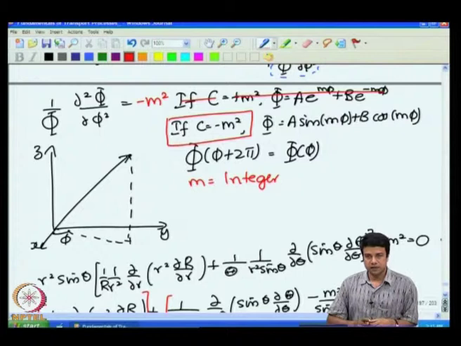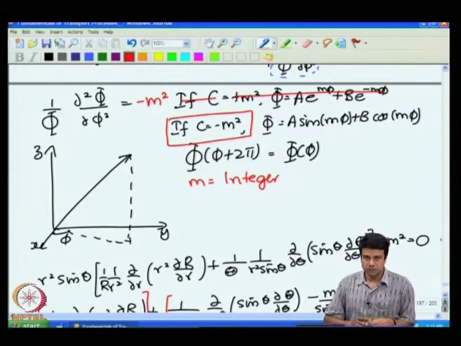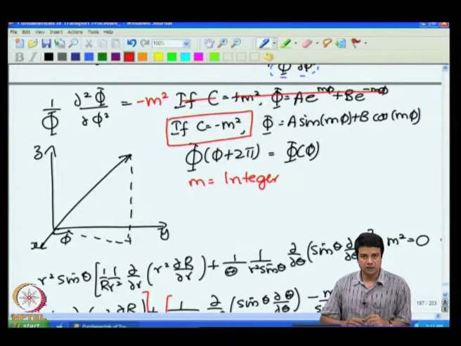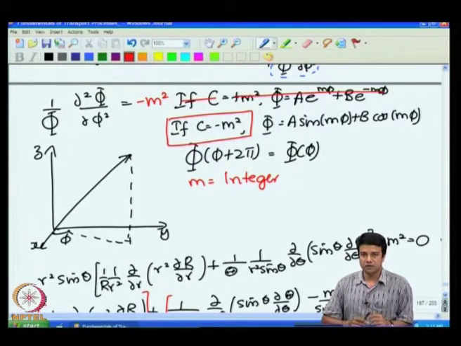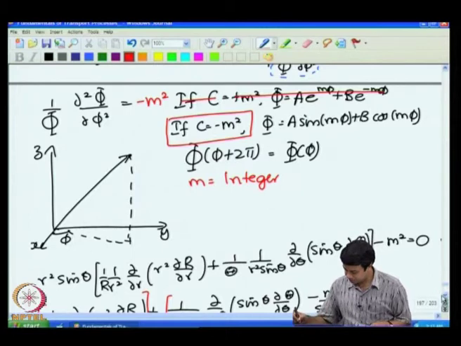Therefore, the concentration or temperature at that point has to be exactly the same. That means that capital Phi at phi plus 2 pi has to be identical to capital Phi at the angle phi itself, and that fixes the value of the constant as minus m square, where m has to be an integer, so that when you go around you come back to the same location.